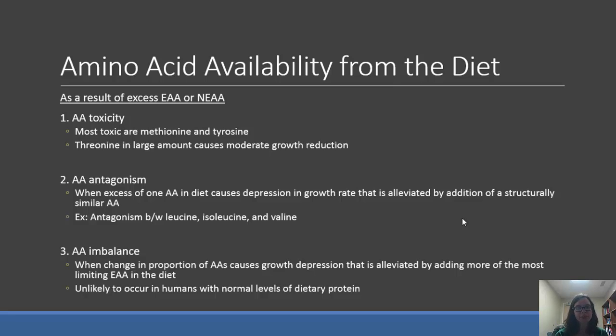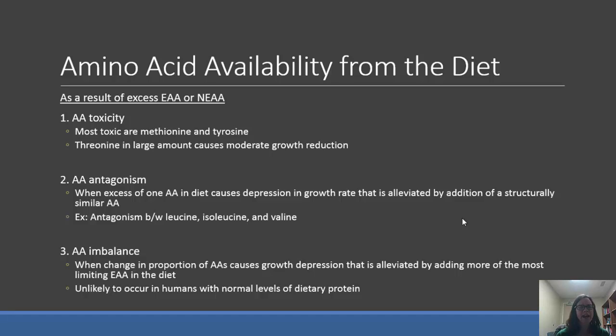Now, amino acid availability can also be altered by consuming excess amino acids. We can actually have toxicity of specific amino acids, and the most toxic are methionine and tyrosine. Threonine in very large quantities can also cause moderate growth reduction. When we have excessive intake of a specific amino acid, we can have amino acid antagonism.